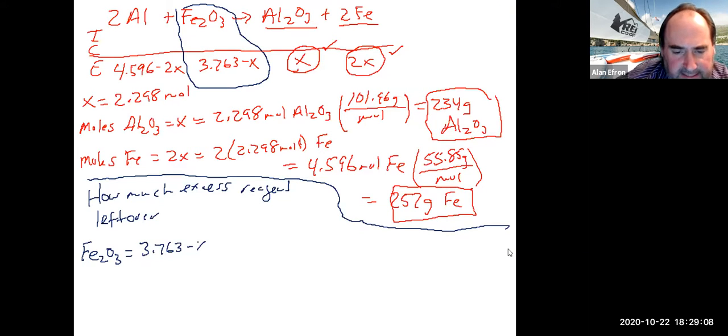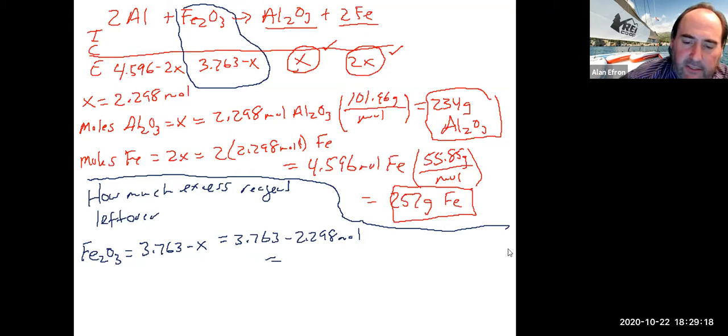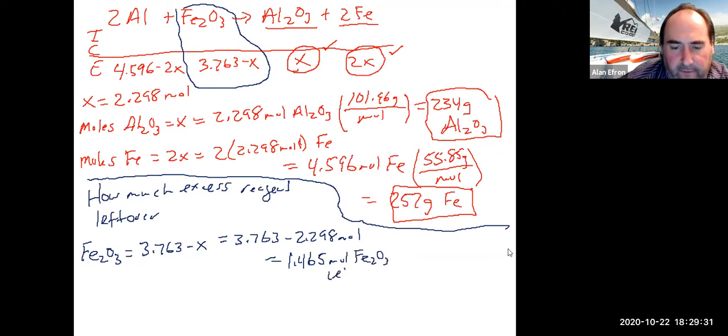3.763 minus X, which means we have 3.763 minus our 2.298 moles. That tells us that when this reaction is over, we have 1.465 moles of our iron 3 oxide left over, which we can also convert using the molar mass that we calculated earlier.